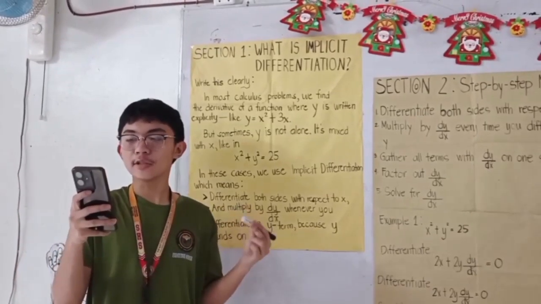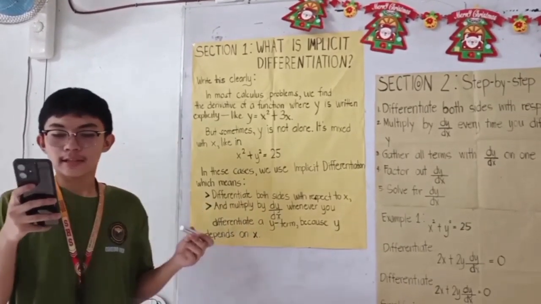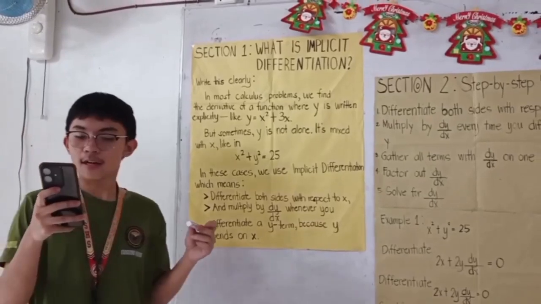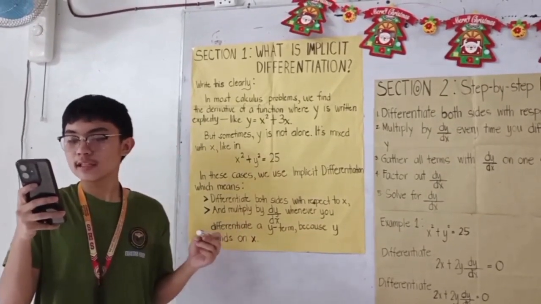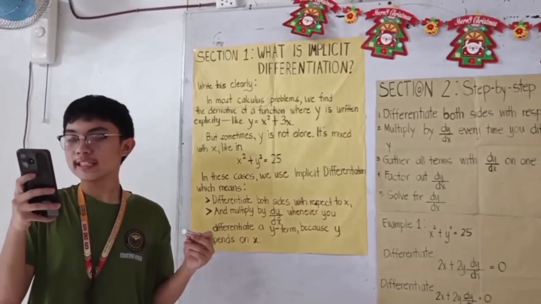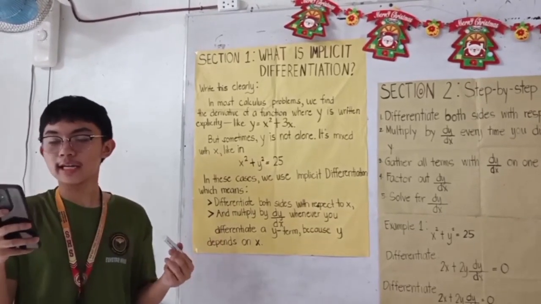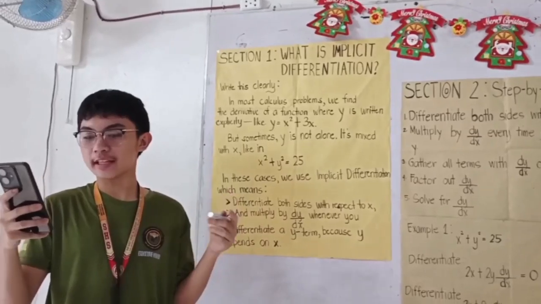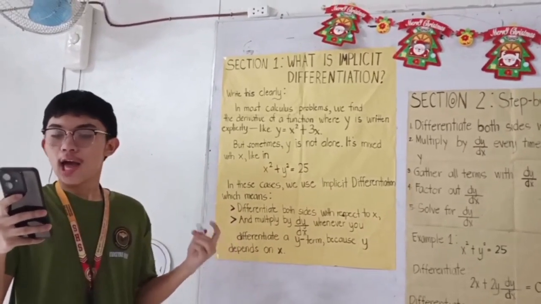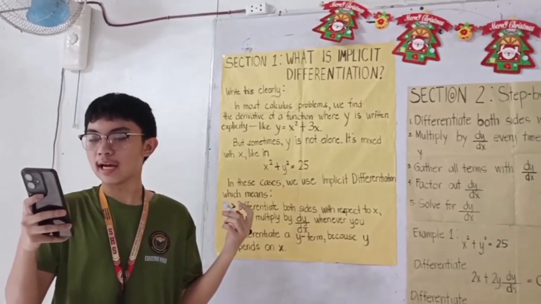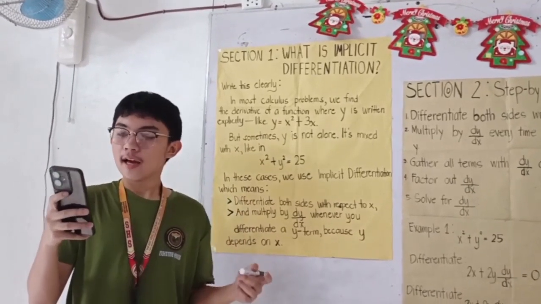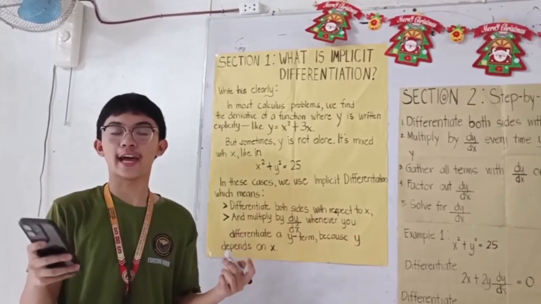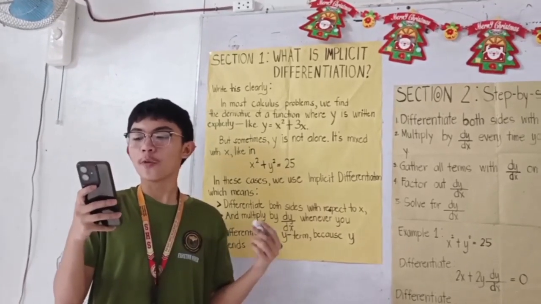We can't isolate y easily. That's where implicit differentiation comes in. It lets us find dy over dx even when y isn't alone. The idea is, every time you differentiate a term that includes y, remember to multiply it by dy over dx because y is a function of x, even if it's not written as one.